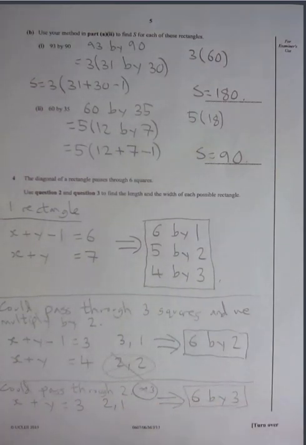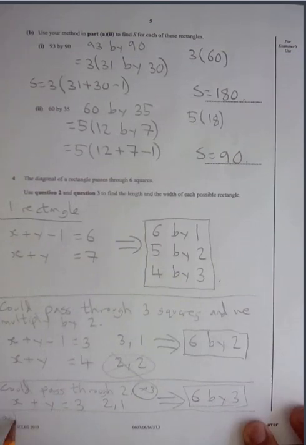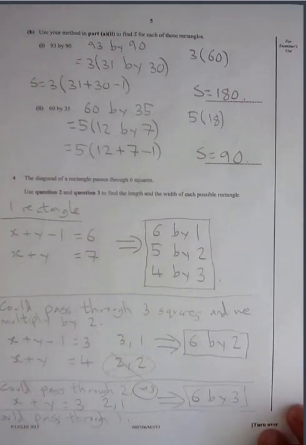We have one more possibility, which would be if it just passed through 1 square and we need to multiply it through by 6. So to pass through only 1 square, x plus y minus 1 equals 1, which means that x plus y equals 2.